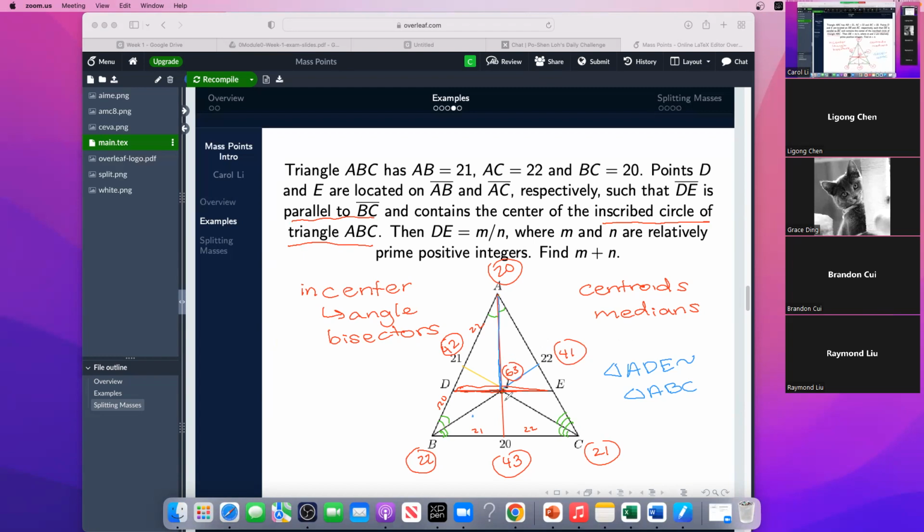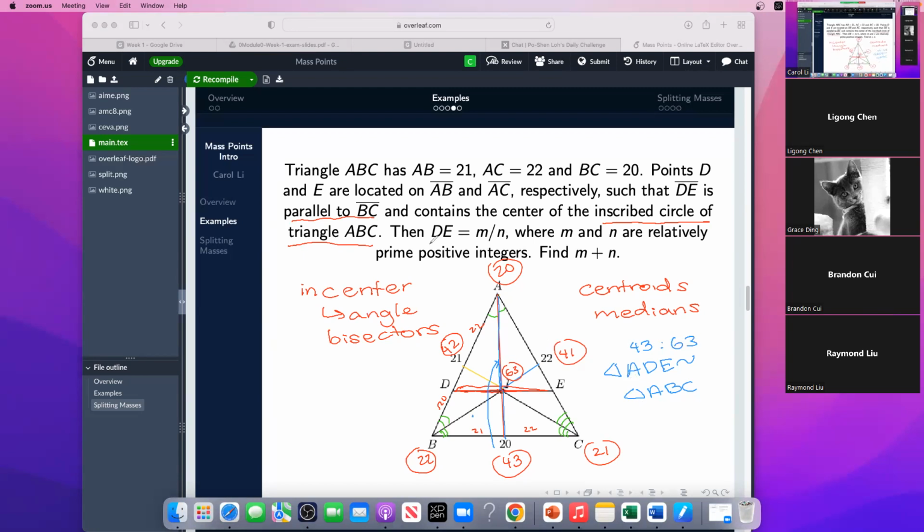So 43 to 63. Now, why is that? Because this one corresponds to this, and 63 is the length of the whole thing. This is not the area ratio, it's 43 to 63.